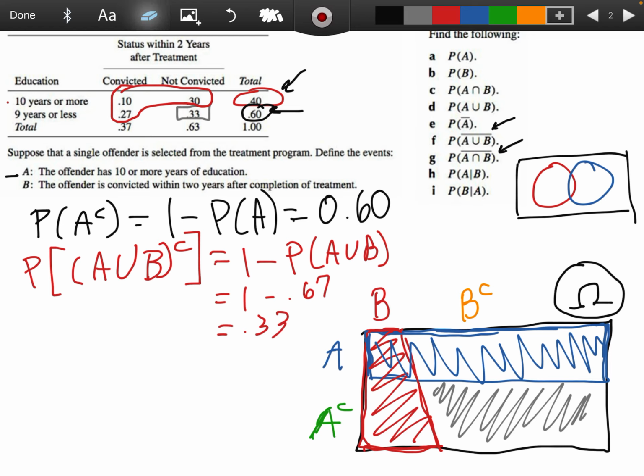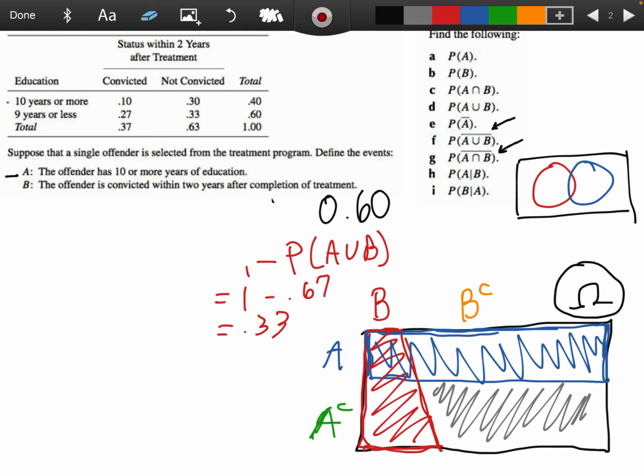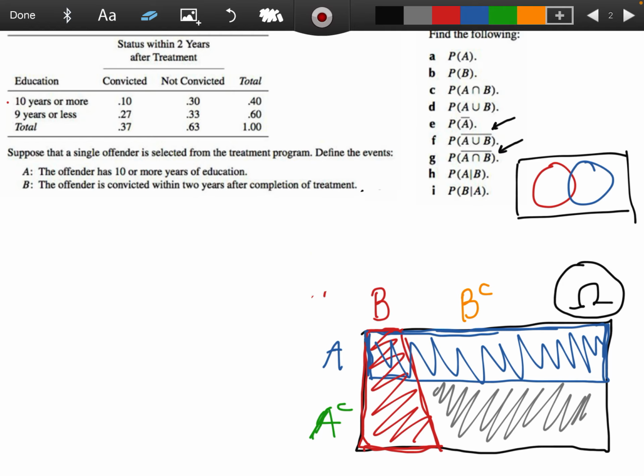Okay, so next we're gonna do G, which is the probability of the complement of A intersect B, right? So the probability that it's not the case that the events A and B both occur.